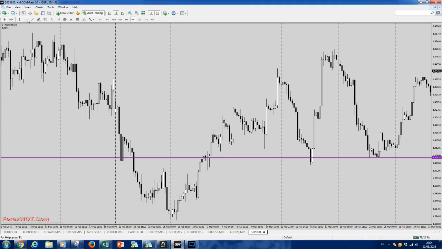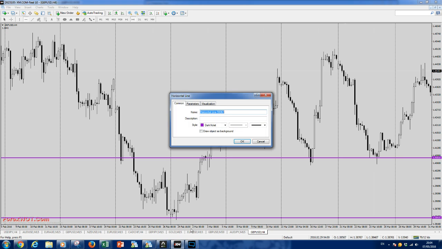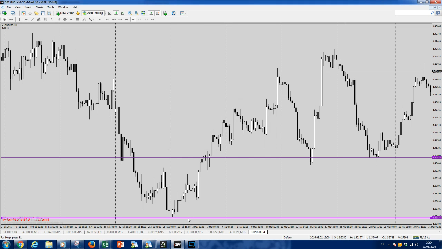For the next one, I have a line down here, and I'm going to hit as many wicks as possible. Over this time this resistance held true and price came up. The old support line becomes a resistance now.